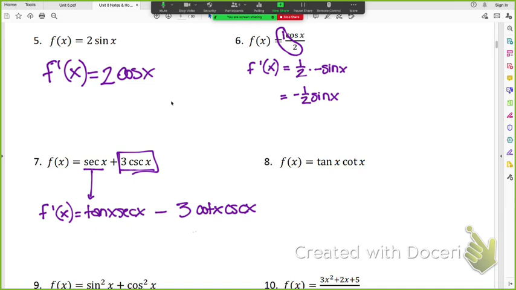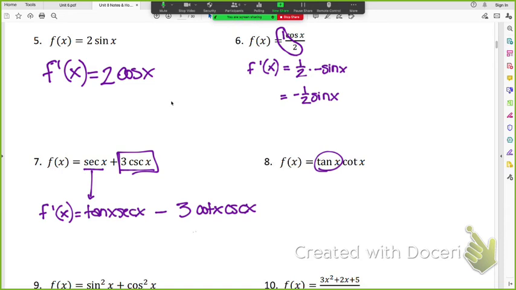Now, sometimes it may help you to simplify first. We don't know how to do derivatives where we multiply things together yet. Do we remember what the definition of tangent was from last year? How we could represent it? Something over something.